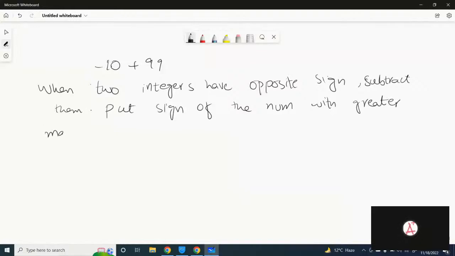Got it? Like the example I've written on the board. Both of the numbers have opposite signs. You have to subtract them. 99 subtract 10 is 89. But 99 is the greater number with the positive sign, so the answer must be positive. Got it?